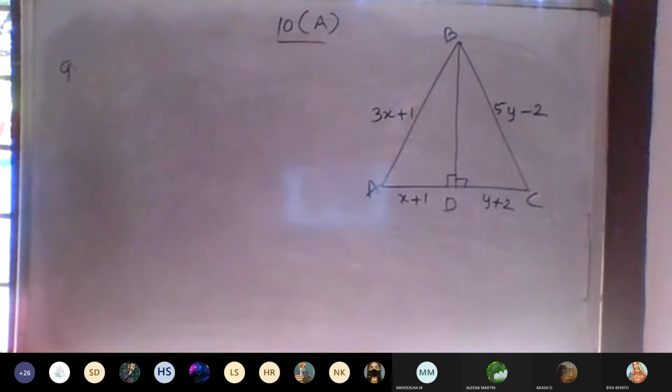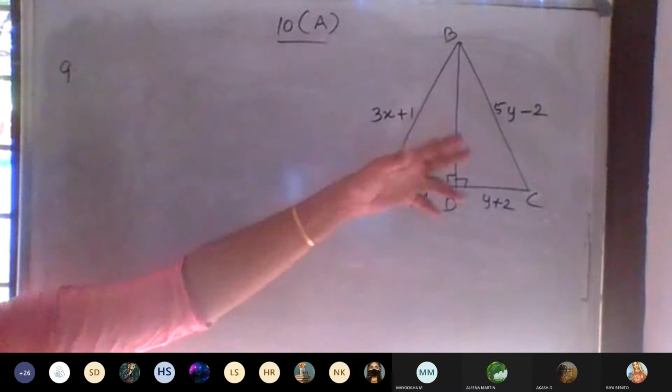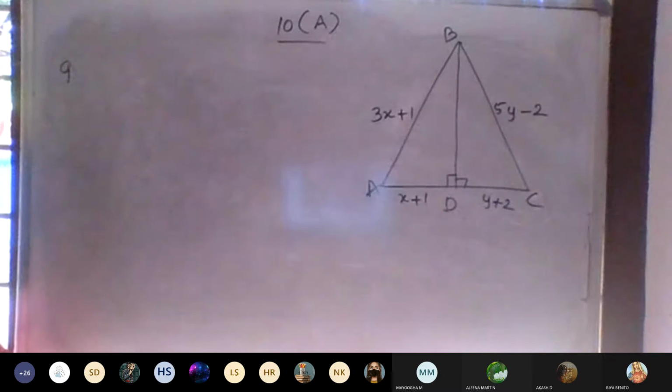So those two concepts we have to understand from that same sentence. If the lengths of the sides of the triangle are expressed in terms of x and y, we have to find the values of x and y. If we find the values of x and y and substitute, we can find the measures of those sides. We need to find only x and y.